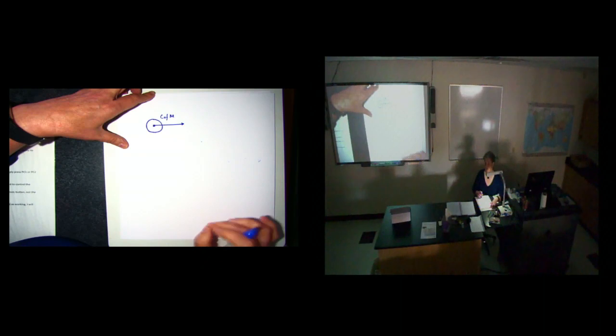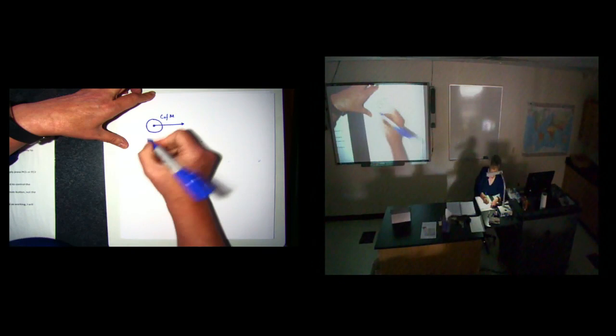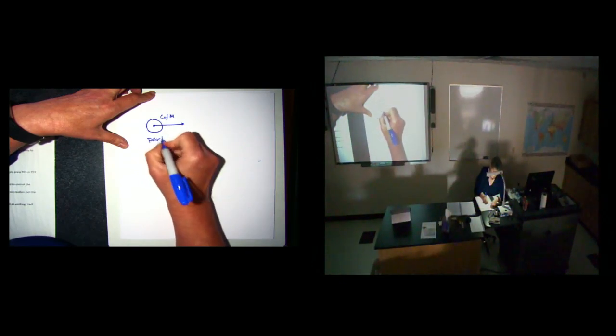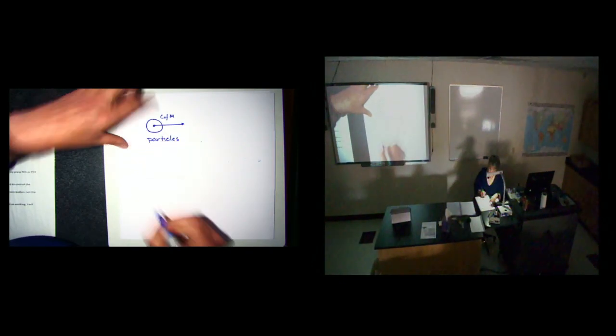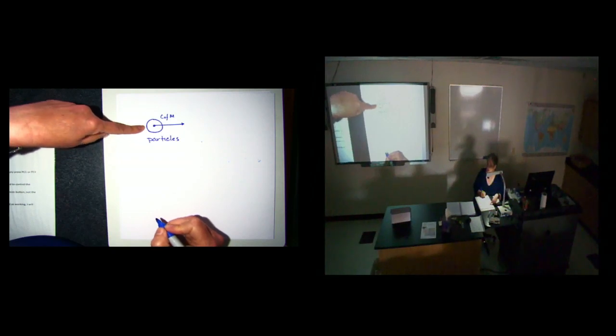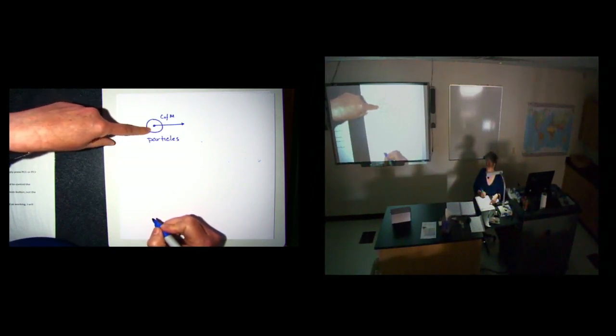And as we treat this as a particle, I don't have to worry about the motion of my ball. Because what we know is happening in real life is that the ball is rotating, right? But if I'm doing it as a particle, I'm only worried about the translation of that center of mass. So I'm just looking at it from that perspective.